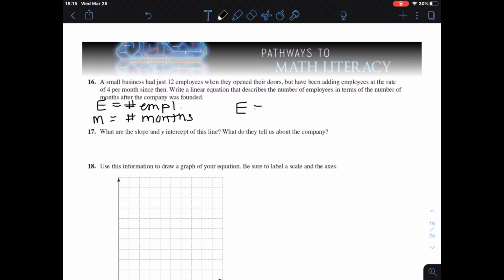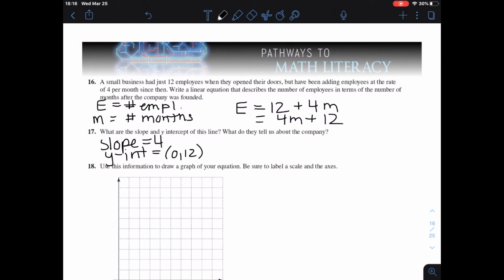Then the number of employees in the company is that initial 12, plus your rate, 4 times the number of months. So this is that slope-intercept form. The slope is 4, and the y-intercept is 12. So the slope is equal to 4, it's our rate, and the y-intercept is equal to (0, 12). So it is a point.